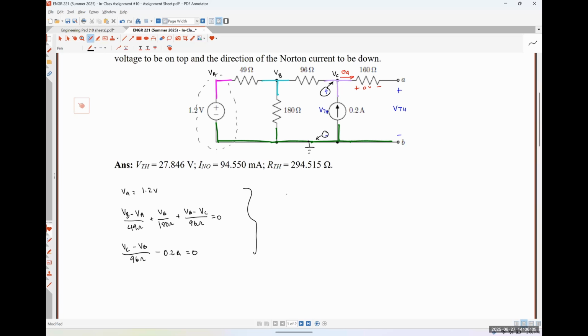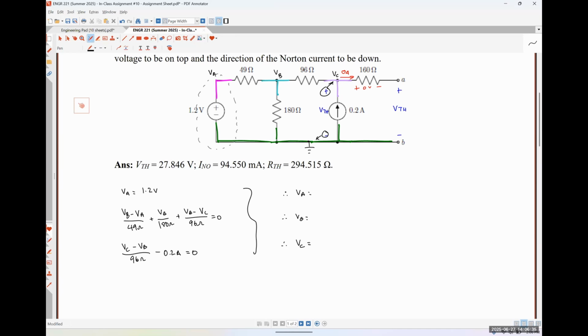So solving this system for VA, VB, and VC, I'll need to throw that into my calculator real quick. I'm lazy and I'm just going to set this up as a 3 by 3 system. In my first equation, my coefficient for VA is 1, my coefficient for VB is 0, my coefficient for VC is 0, and my constant term is 1.2.